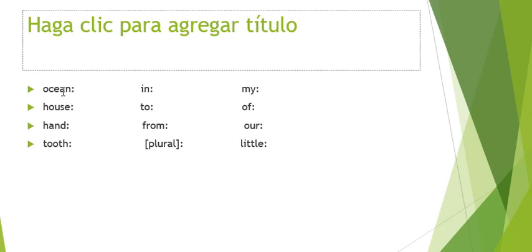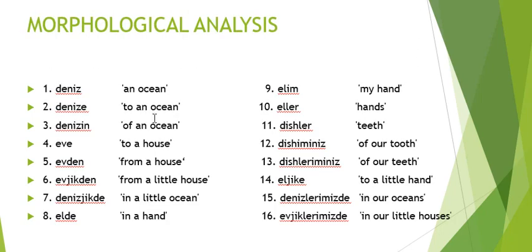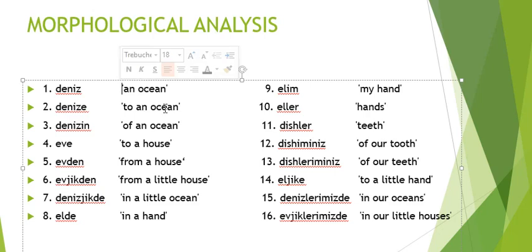Ocean. You need to find the morpheme representing ocean in Turkish. How can I find the structure representing ocean in Turkish? Well, what I told you is that you need to make comparisons and you need to look for the expressions that contain that word. In this case, you have an ocean, to an ocean, of an ocean.